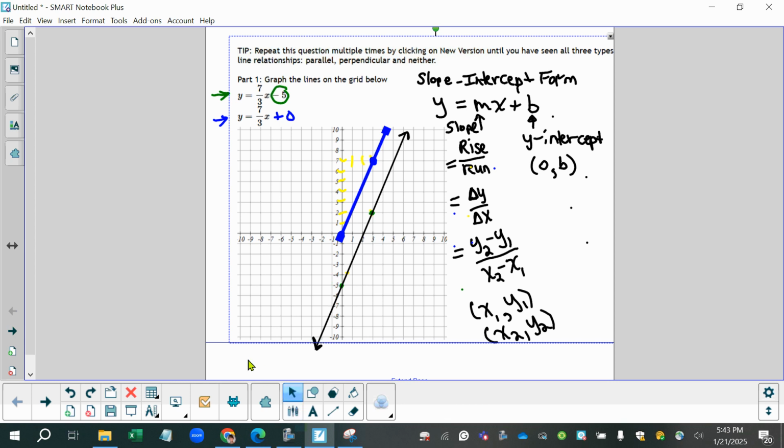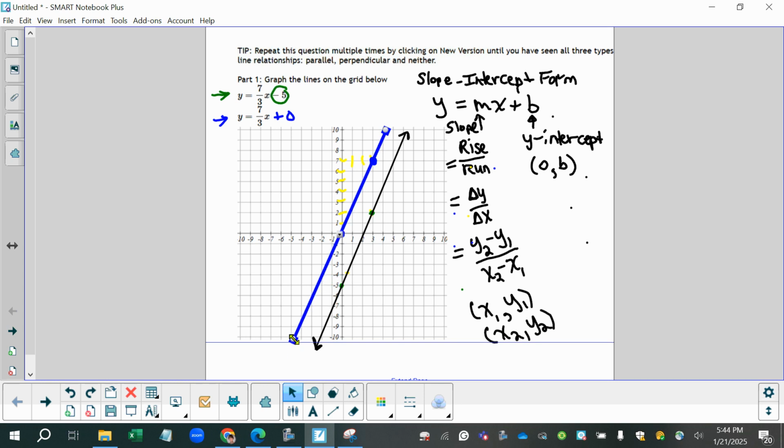If they didn't, we would find that they would be the exact same line, and that just doesn't fit the definition of parallel, because parallel means never intersecting. Any two equations that form the same line would be intersecting literally everywhere at every point, and so that would not be parallel. So parallel means same slope, same steepness, in other words, but they are intersecting the y-axis at different places.